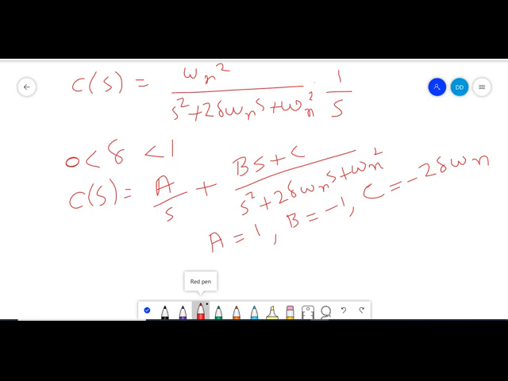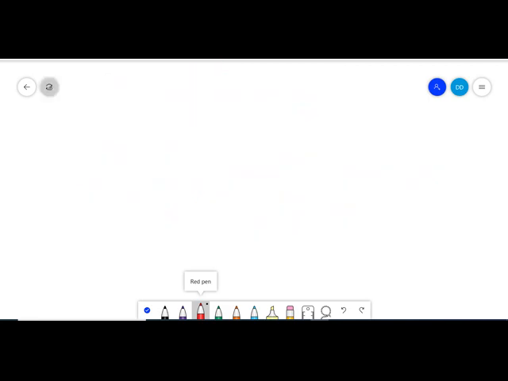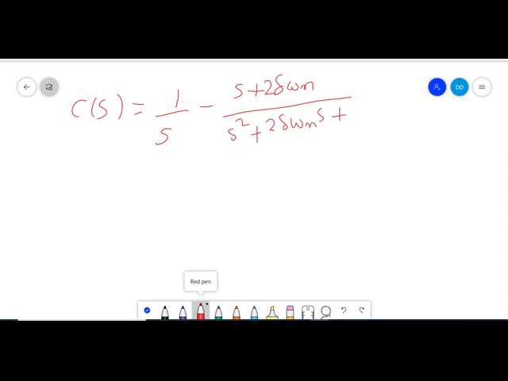So we'll substitute and we get C of s is equal to 1 by s minus s plus delta omega n into 2 divided by s square plus 2 delta omega n into s plus omega n square.